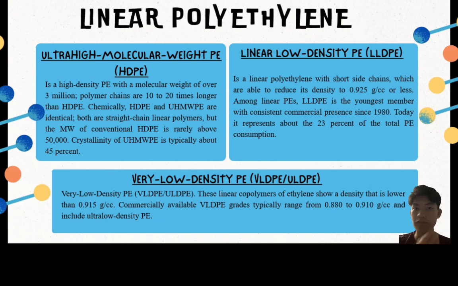Okay, linear low density polyethylene. LLDPE is a linear polyethylene with short side chains which are able to reduce its density to 0.925 gram per cc or less.